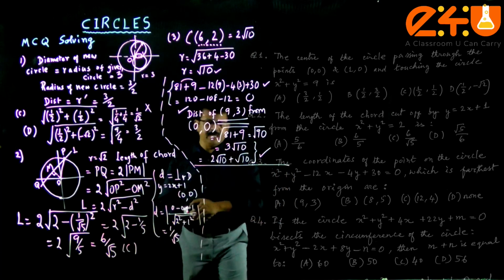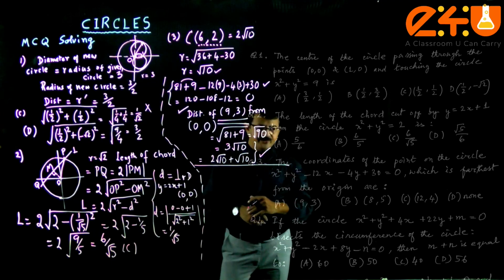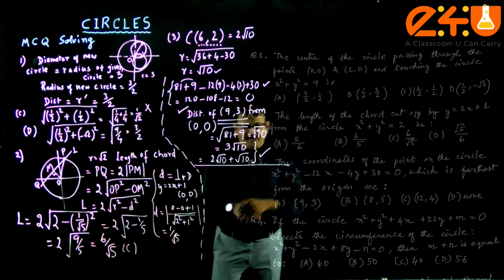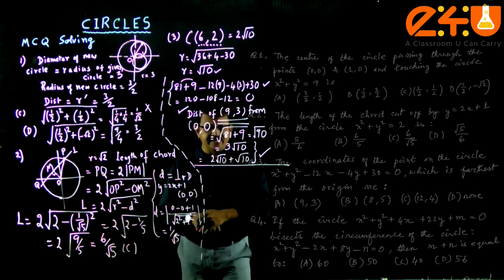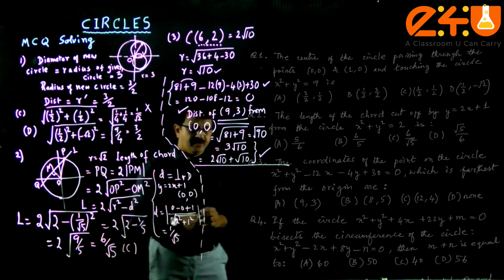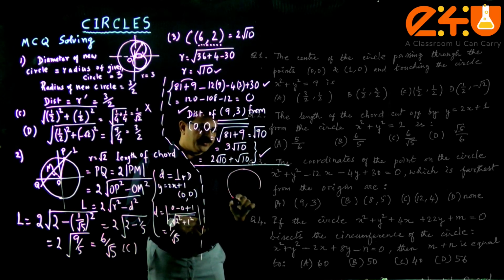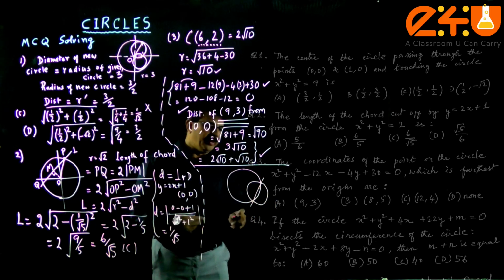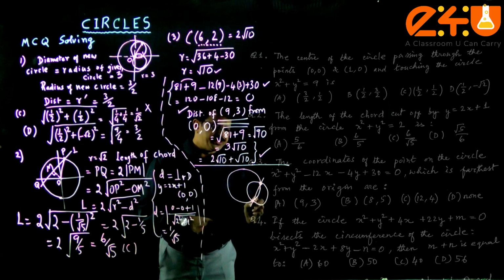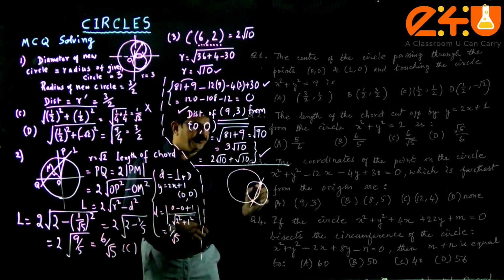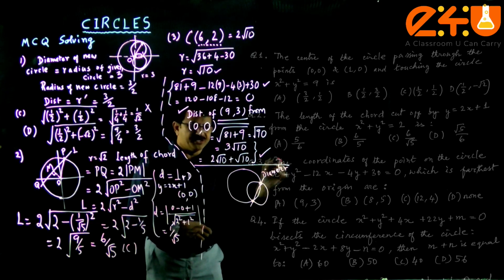There are two concepts involved. The first circle bisects the second circle, number one concept, which means, if I draw a rough diagram, it will look like this. First circle, there is a second circle, and the second circle is exactly bisected, meaning the points of intersection, if you join them, would be the diameter of the second circle.